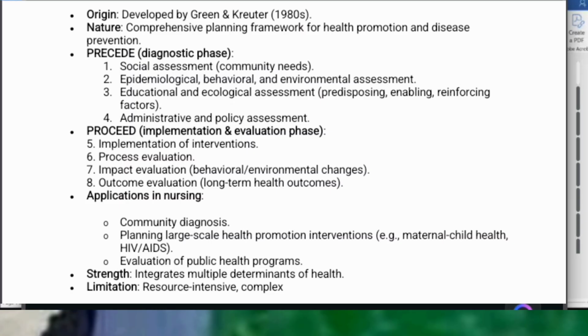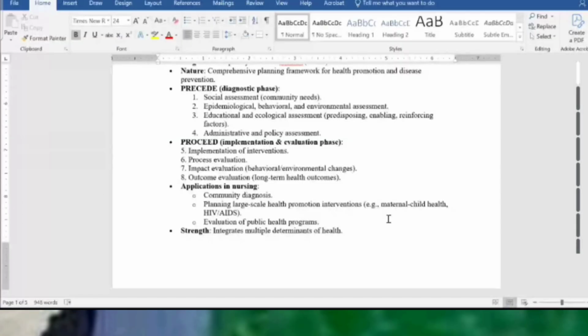As you have seen in my explanation, we do diagnosis, implementation, and then evaluation. So it can assist us to find out whether a particular program is working or not working at the end of it, after applying it somewhere. So you try to find out the weaknesses and the strengths.